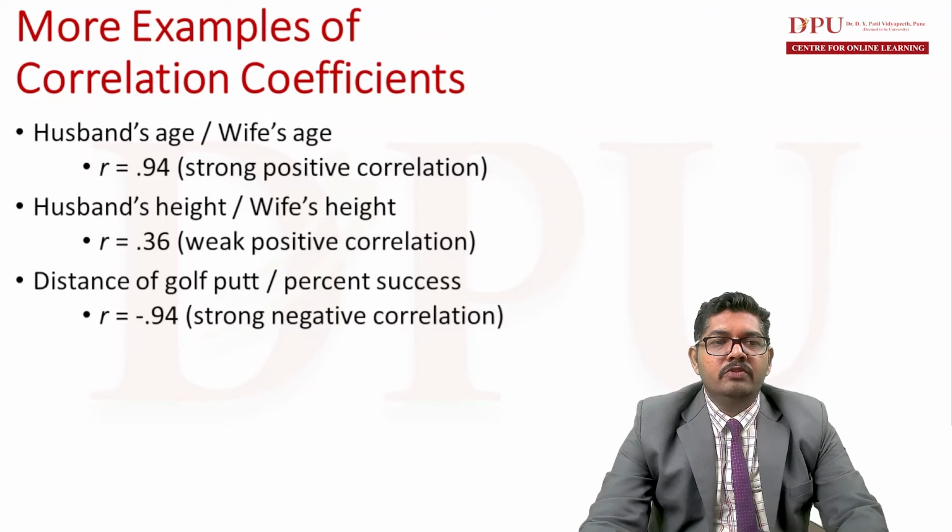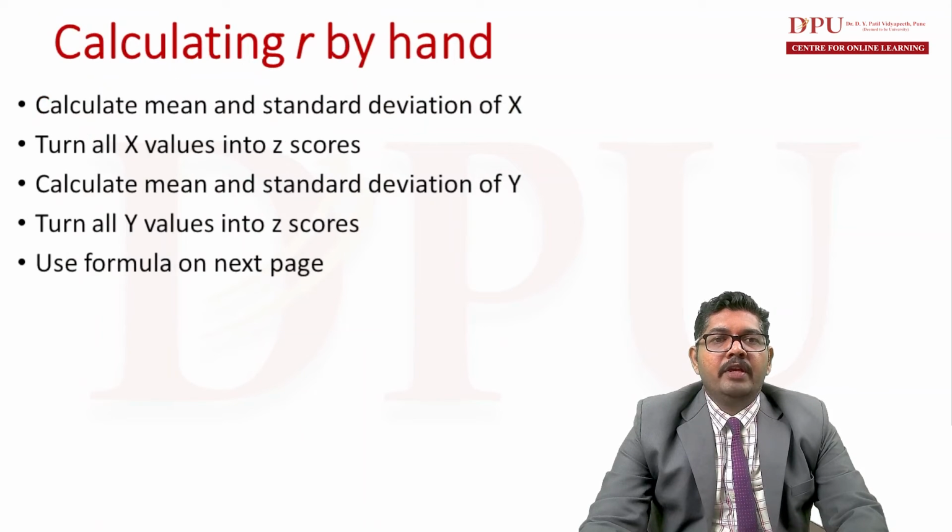So these are the values of R based upon some experiment already conducted, and from the value of R we can predict what kind of relationship is there between the given variables. Calculating R by hand. So calculate mean and standard deviation of X. These are the various steps involved in calculation of Karl Pearson's correlation coefficient.